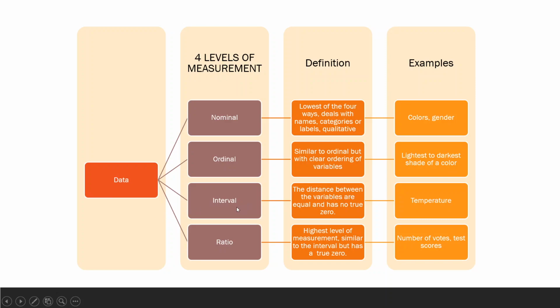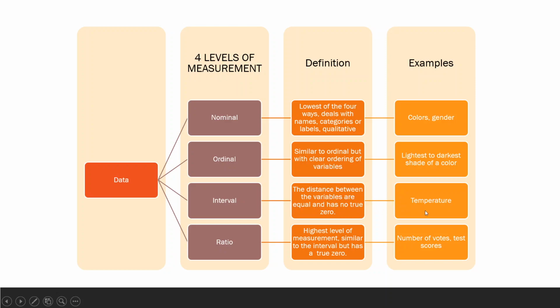Next one, we have the interval data. And this one has clear distances between the variables. However, it has no true zero.